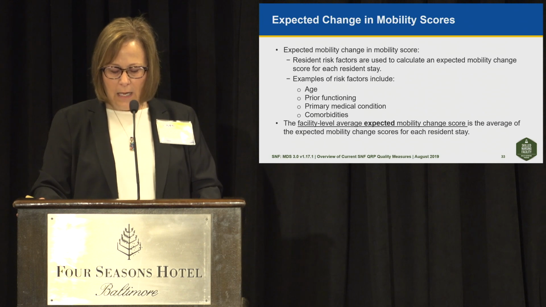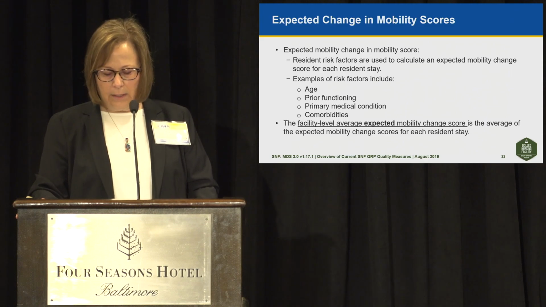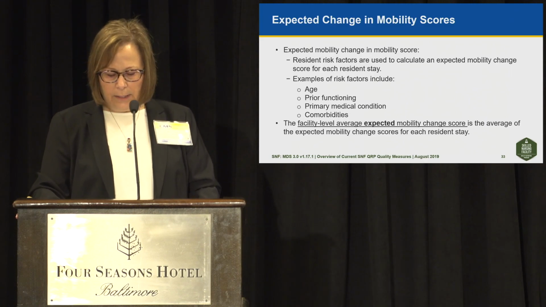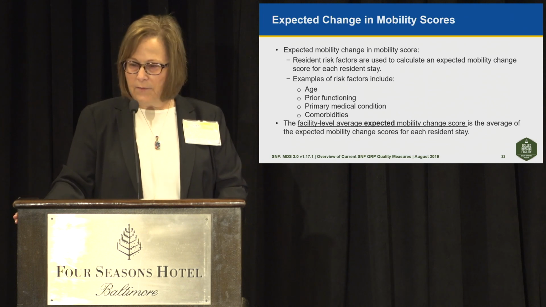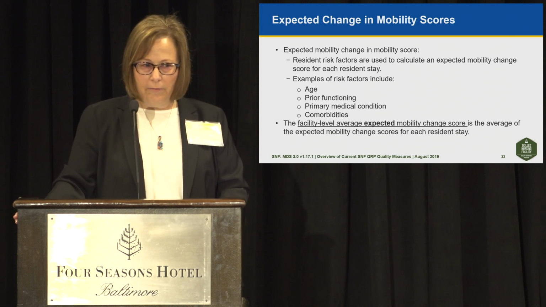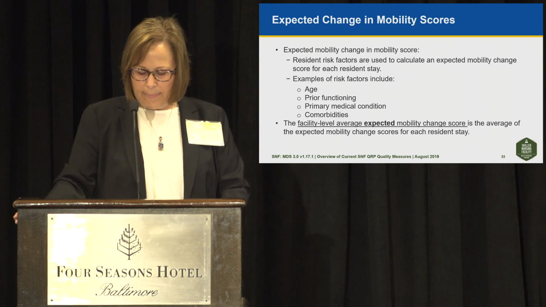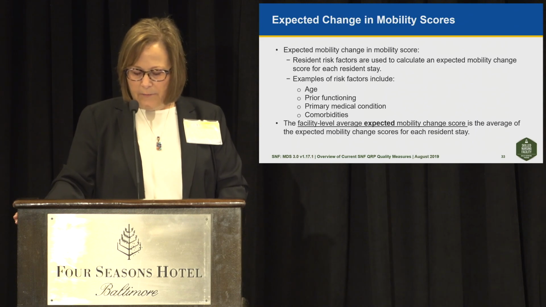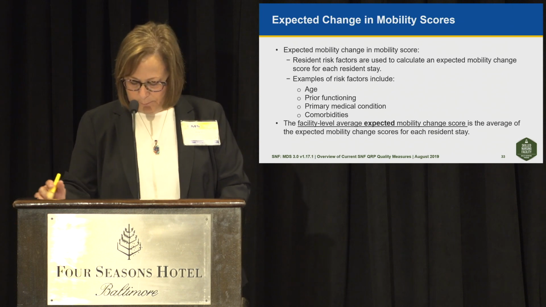So, for the expected change in mobility score, resident risk factors are used to calculate an expected mobility change score for each resident stay. Some examples of risk factors: age, prior functioning, primary medical condition, comorbidities, and the facility level average expected mobility change score is the average of the expected mobility change scores for each resident stay.